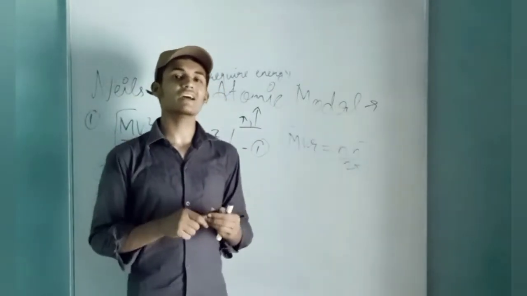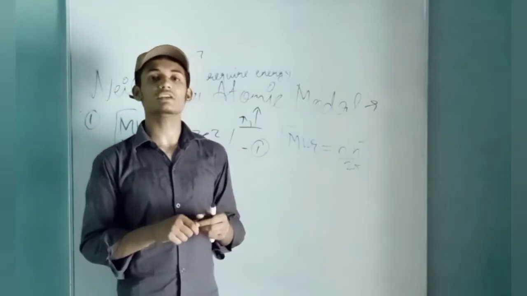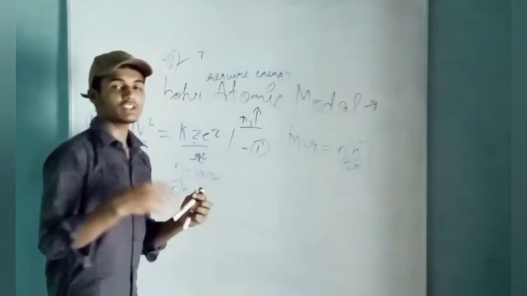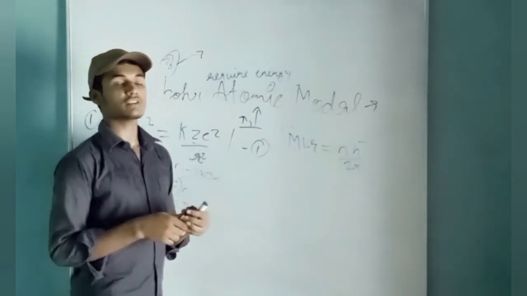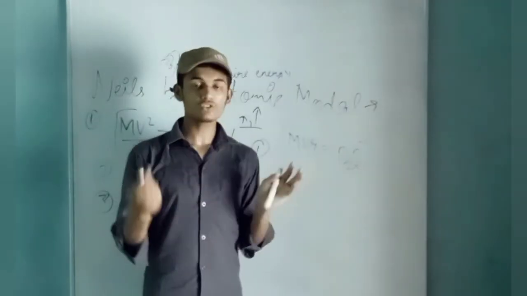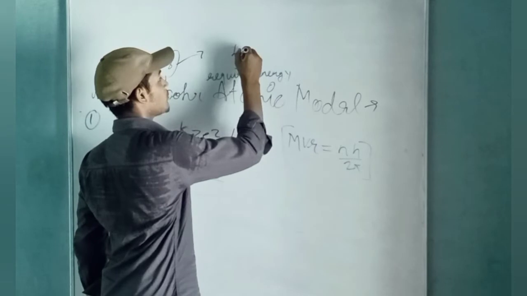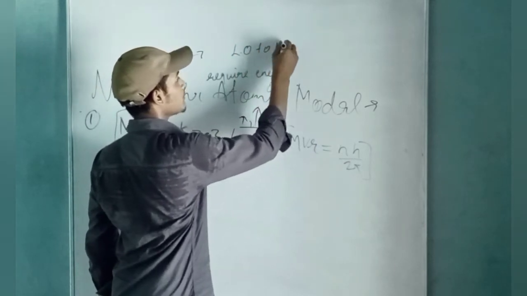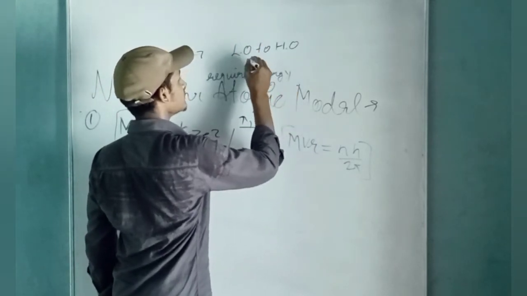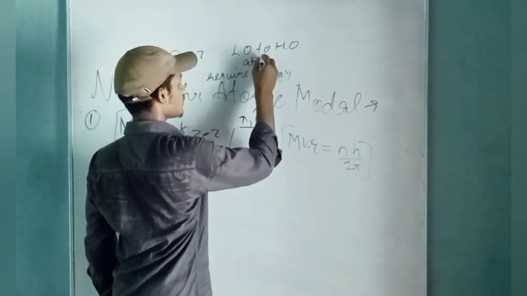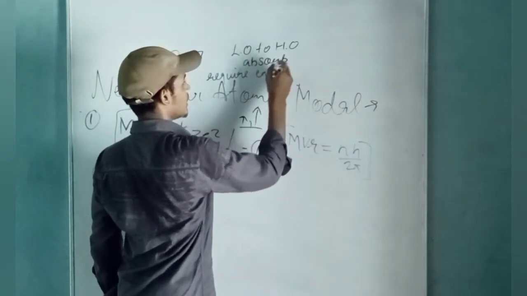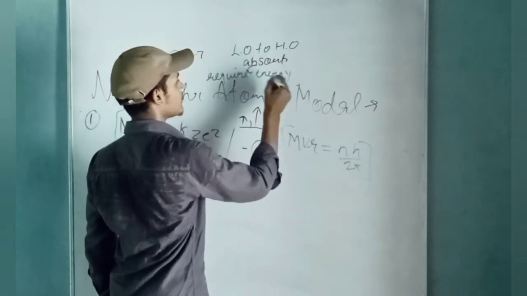And what is the form of the energy? The energy form is the photon. What is a photon? A packet of energy is called a photon. When it goes from a lower to a higher orbit, it absorbs or requires energy.